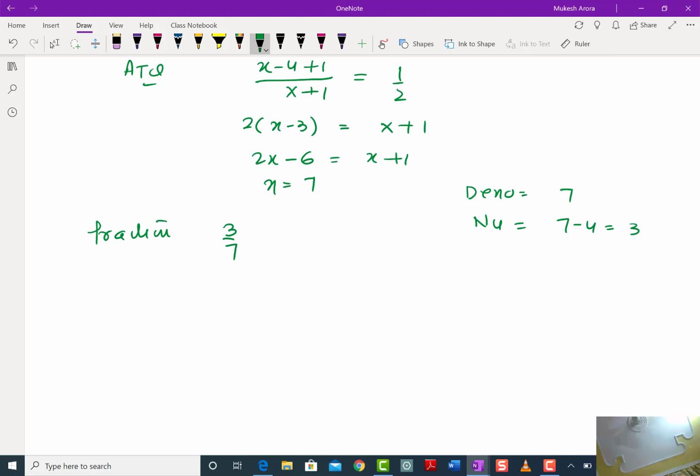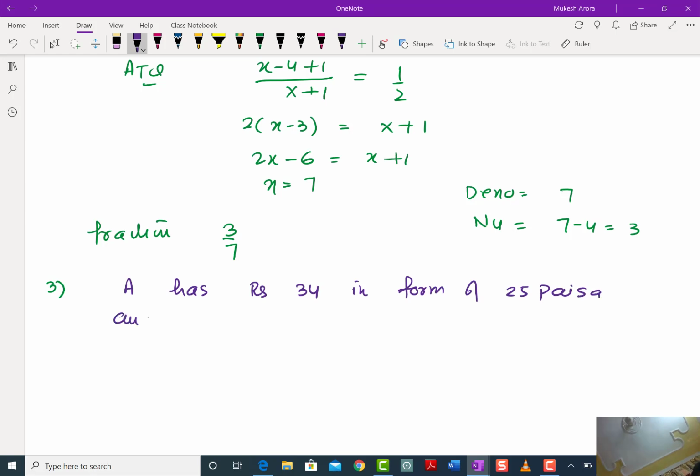Another question. Subhash has rupees 34 in the form of 25 paisa and 50 paisa coins.